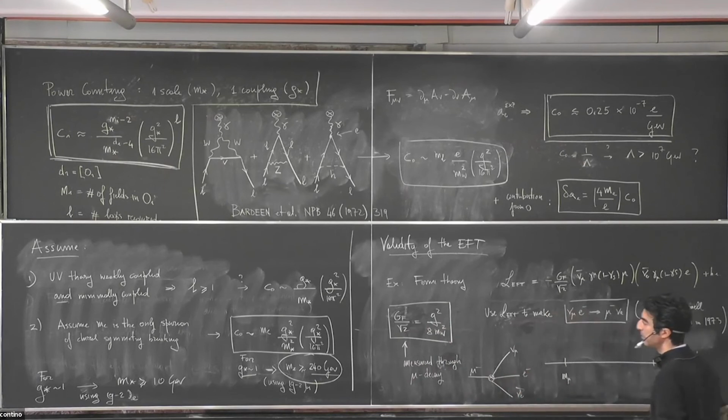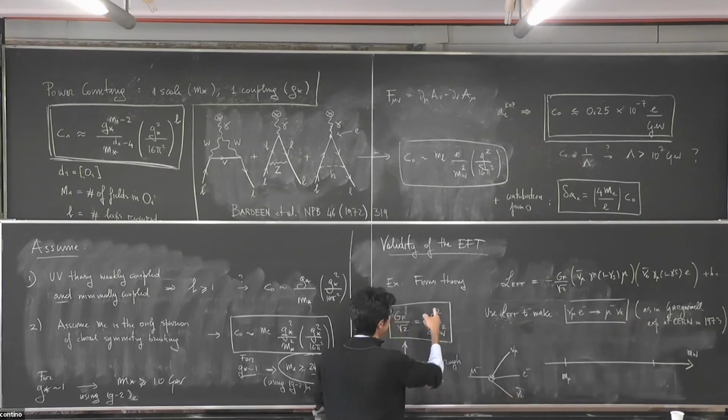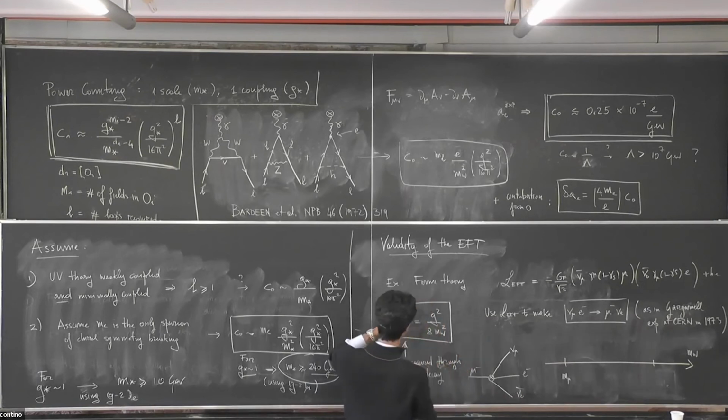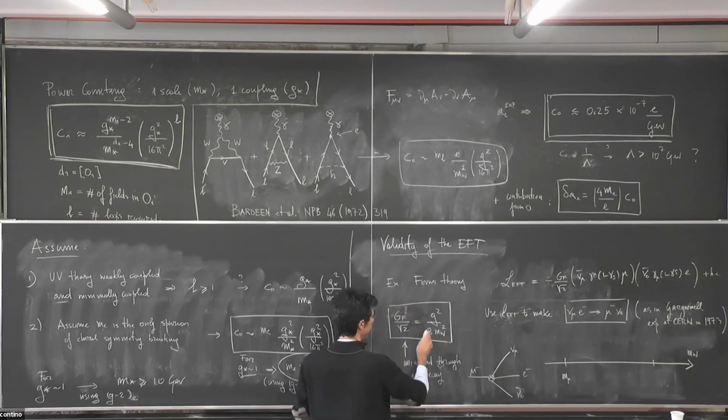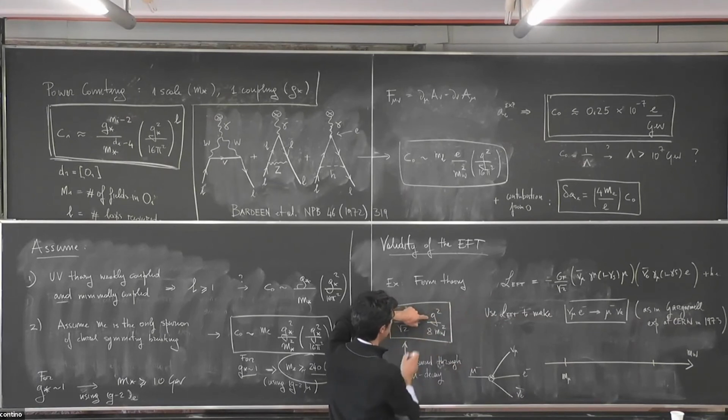Well, up to a place where the coupling is maximally large. If you increase the coupling, then for a fixed value of G Fermi, the mass of the W has to be larger and larger. The largest possible value is when the coupling is over the 4 pi.